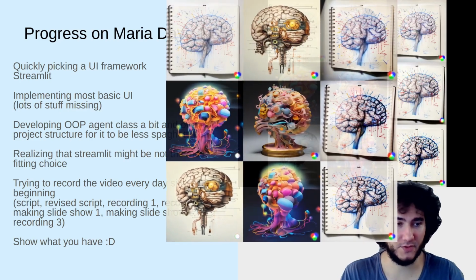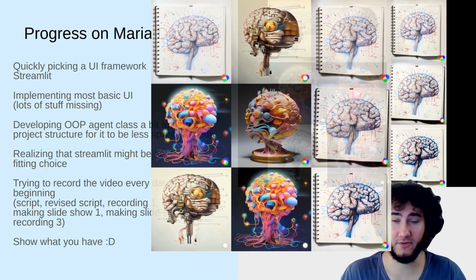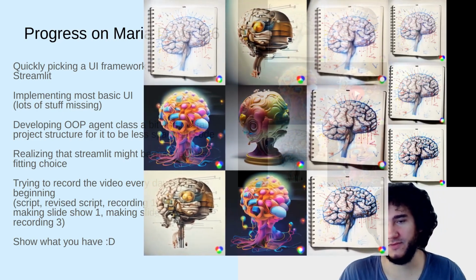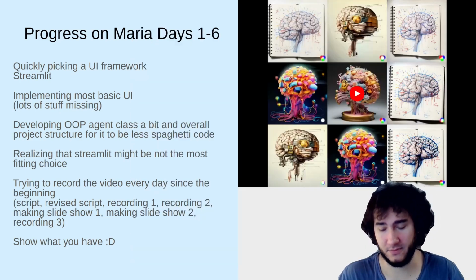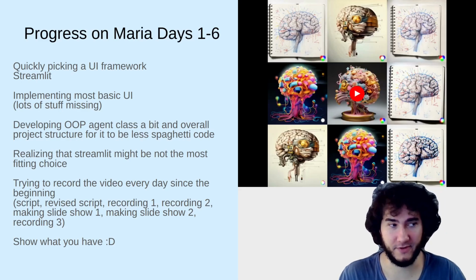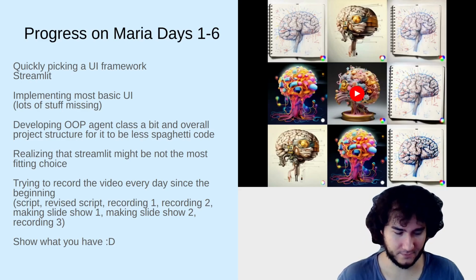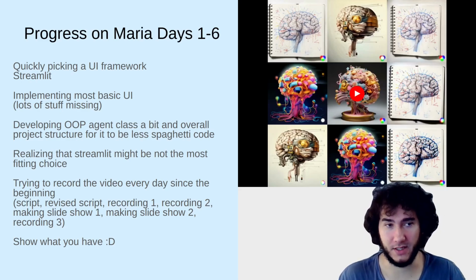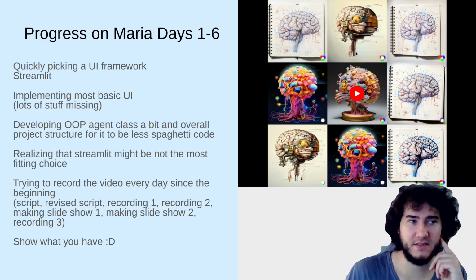On the first day I've been thinking about what framework to use, and the first thing that I picked was Streamlit. This is a very simple framework from the standpoint that you can prototype in it very quickly, but it has a drawback for me: it doesn't have async functionality.